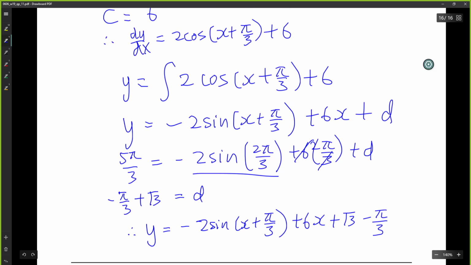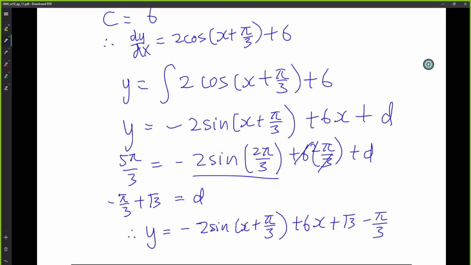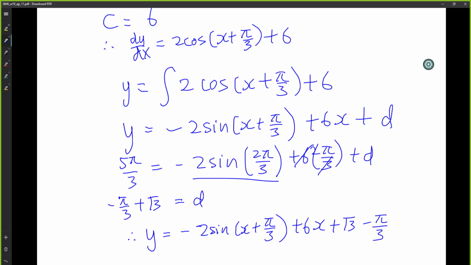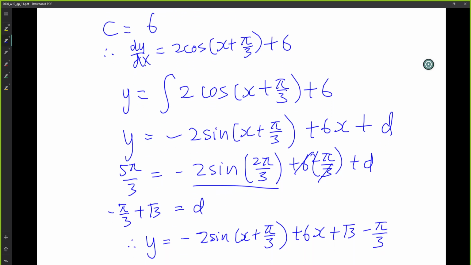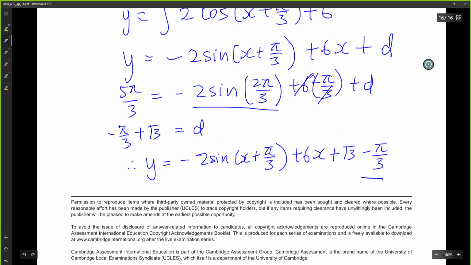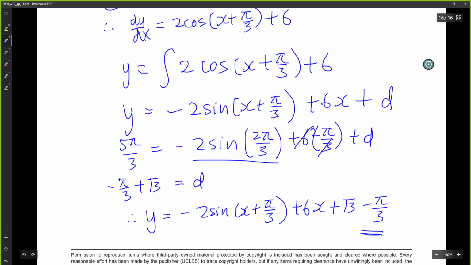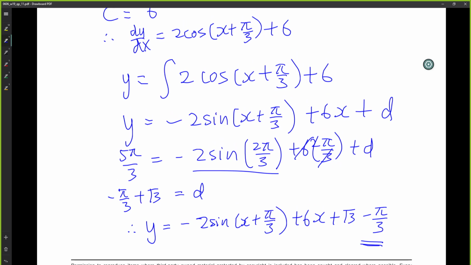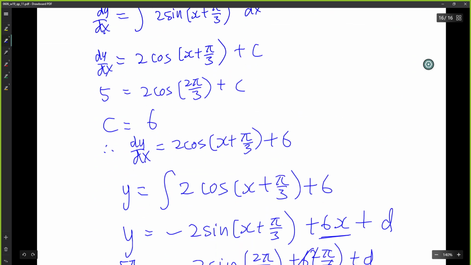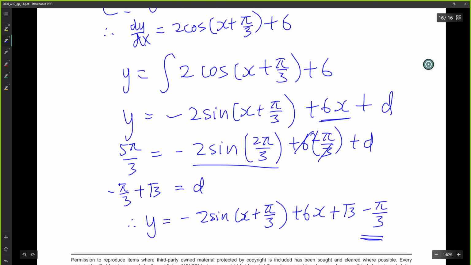I think I made a carry mistake somewhere here. Did I make any carry mistake? Because at the marking scheme there, the pi over 3 is positive, but I get negative. So I'm thinking maybe I do make some carry mistake, but I don't think so, because this is 6x, right? Unless this is minus 6.